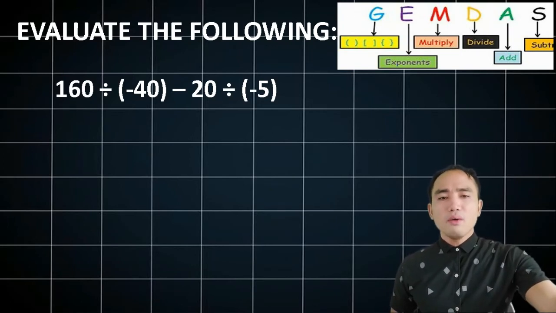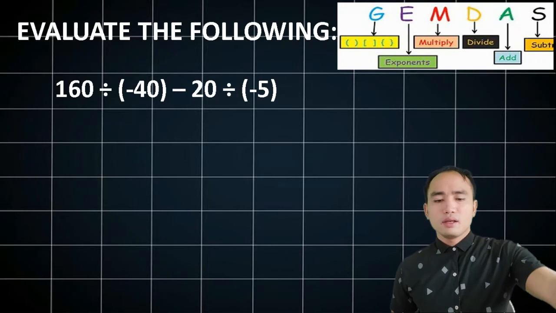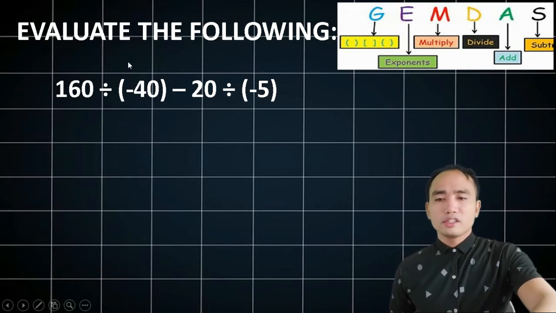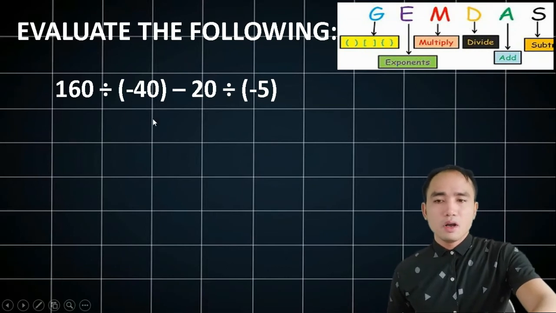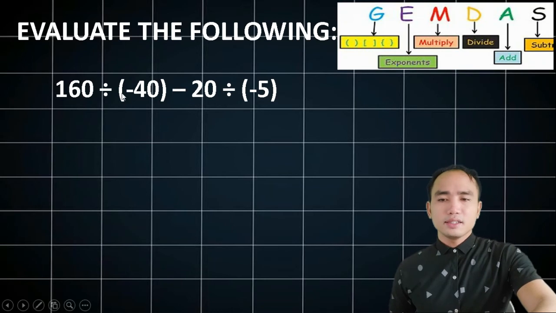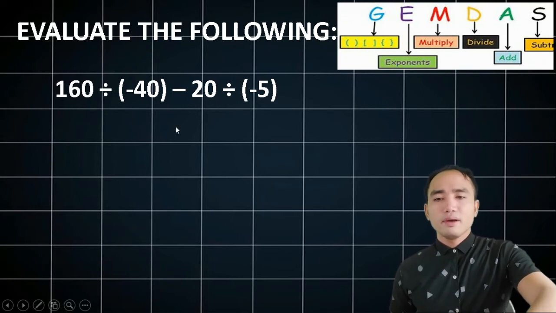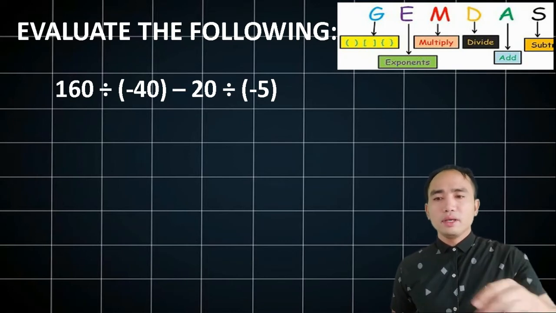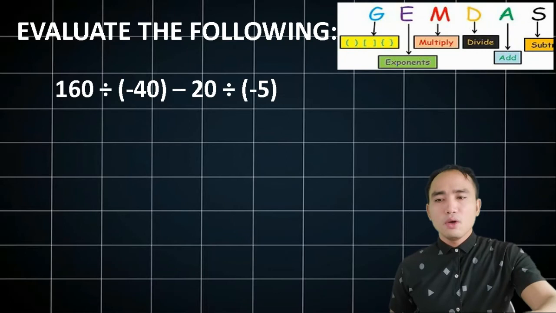So according to our GEMDAS rule, we have to start with dividing integers. Kasi wala naman ditong exponents, although merong parentheses, but this parentheses is to separate the negative numbers from division. Okay, so we have to start with dividing two integers.